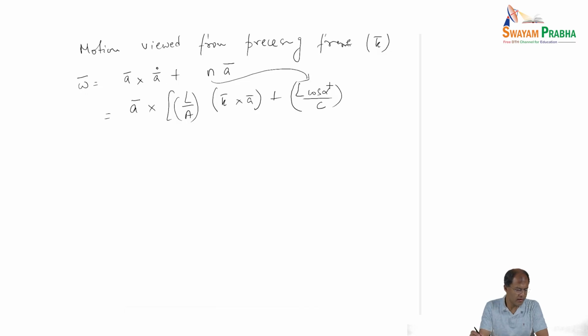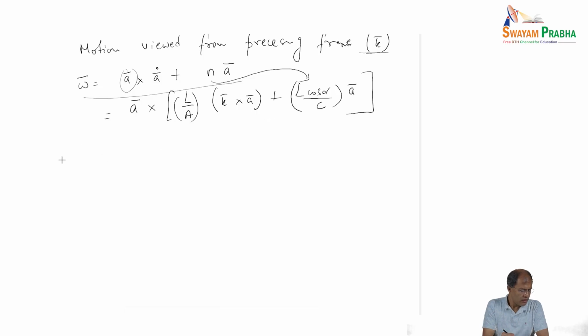So L cos alpha by C times A vector, right? So this is from our previous results where we are now looking at the motion with respect to the precessing frame. So the precessing frame is the frame which is fixed, not the frame where the fixed axis is A, but the fixed axis now is K at this point. Okay, so where we have now plugged everything.